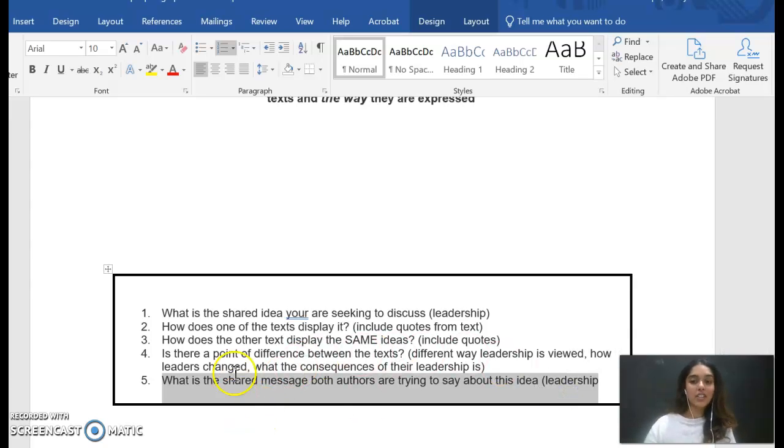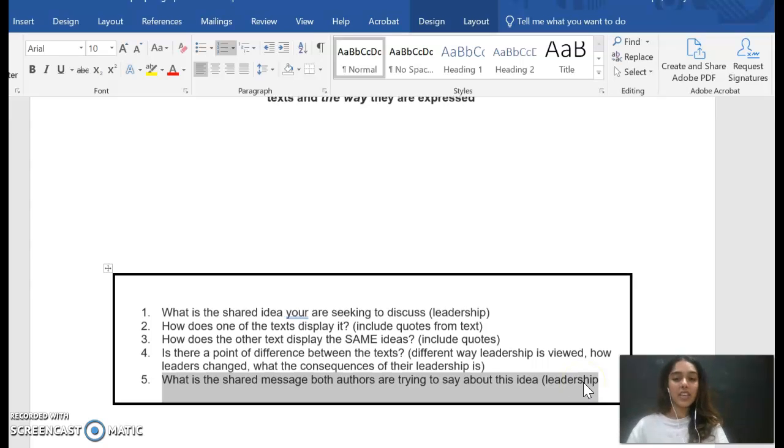So just to summarize, you've got a shared idea that is presented in both the texts. Dot points 2, 3, and 4, you are looking at similarities and differences. So you present how leadership is expressed in one text, then you compare it to the second text, and then dot point number 5 is you reiterate the message, the shared idea, again.